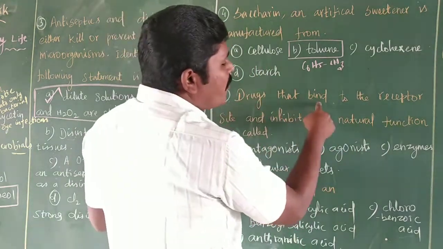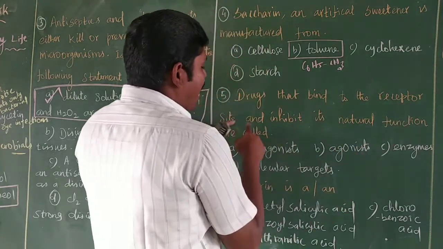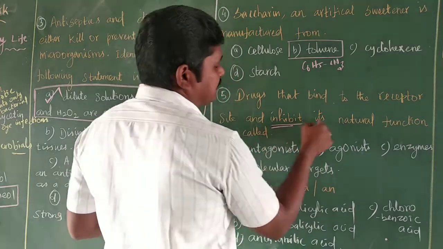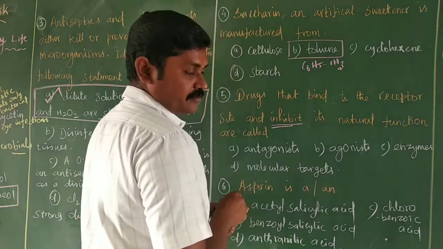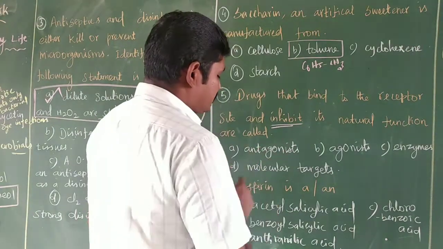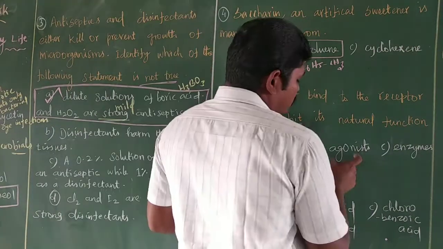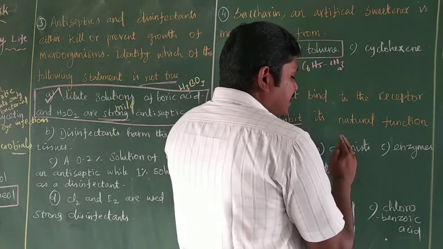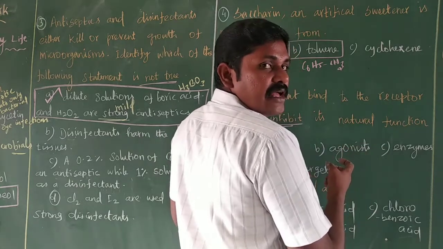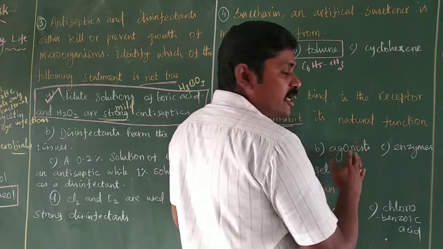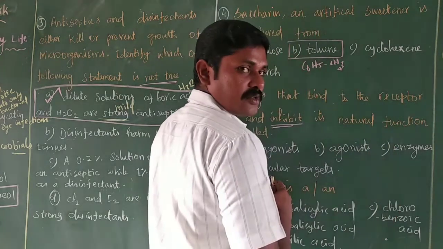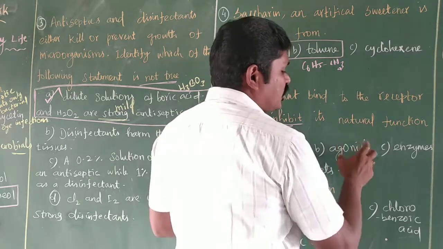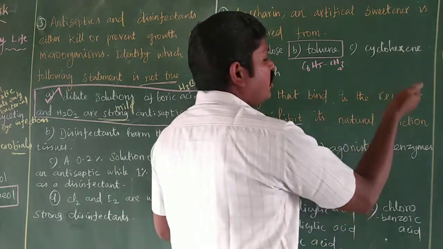The fifth one is, drugs that bind to the receptor site and inhibit its natural function are called: option A, antagonist; option B, agonist. The agonist is the drug which mimics the natural messenger by switching on the receptor.